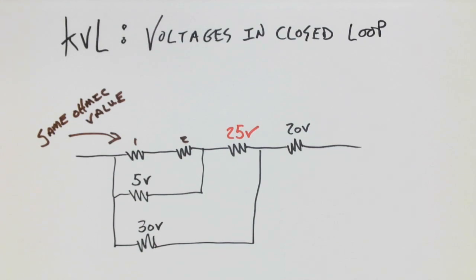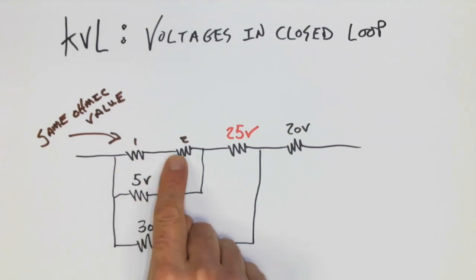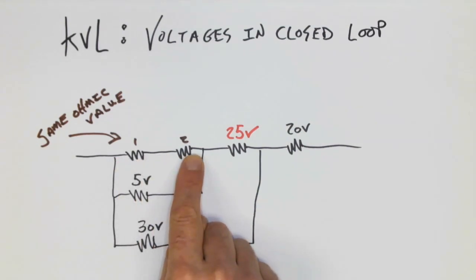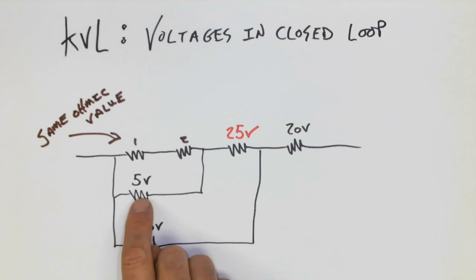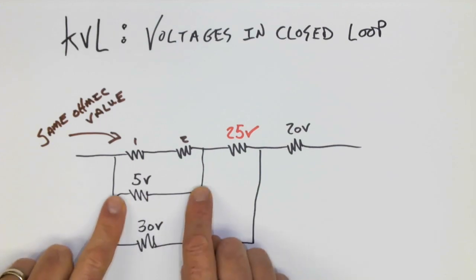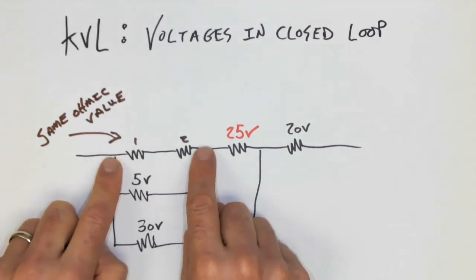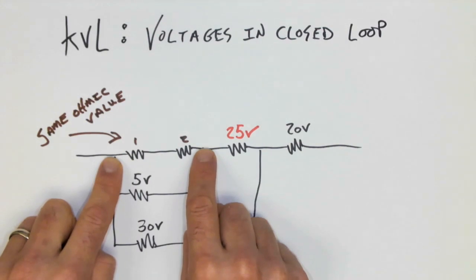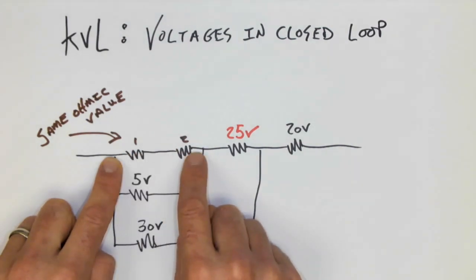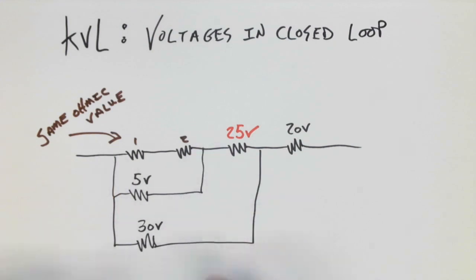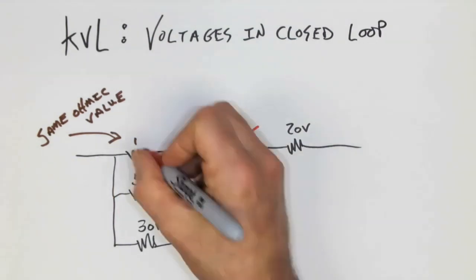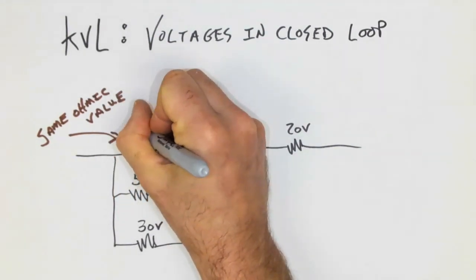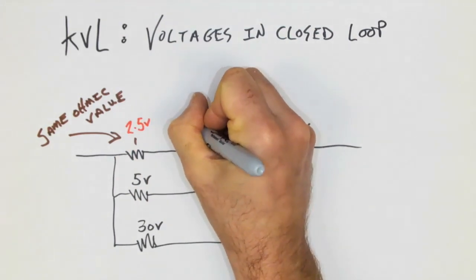And the reason they'd have the same voltage is because the current that flows through them would be the identical value of current. So if 5 volts is present from here to here, it must also be present from here to here. And if they have to be identical in value, we take the 5 volts and divide it by 2. So that would be 2.5 volts each.